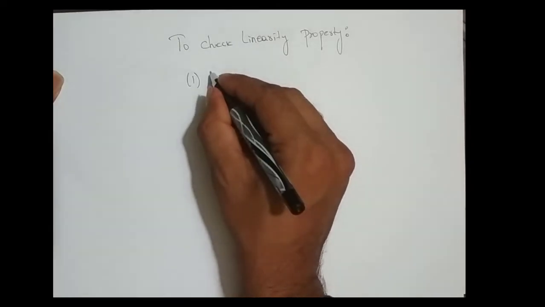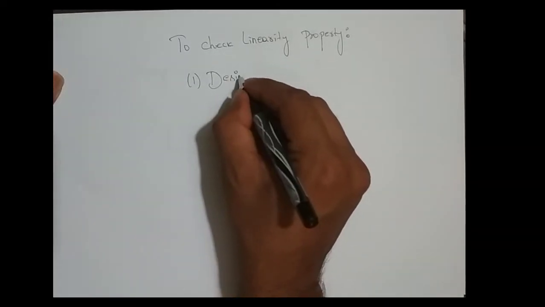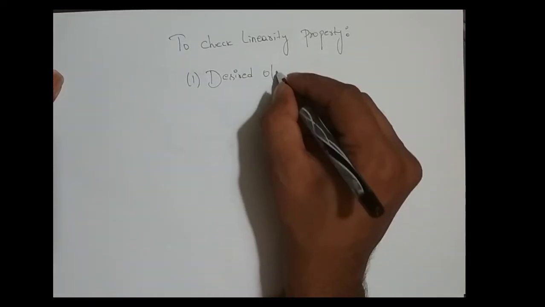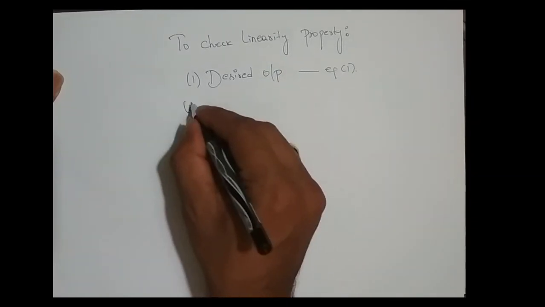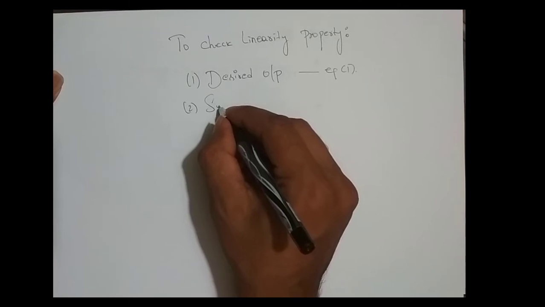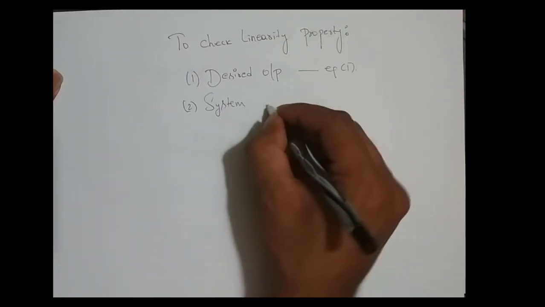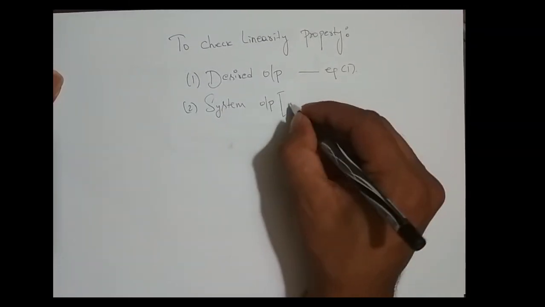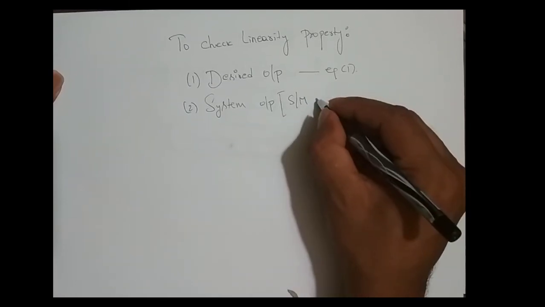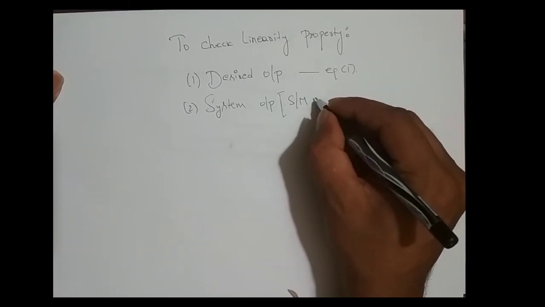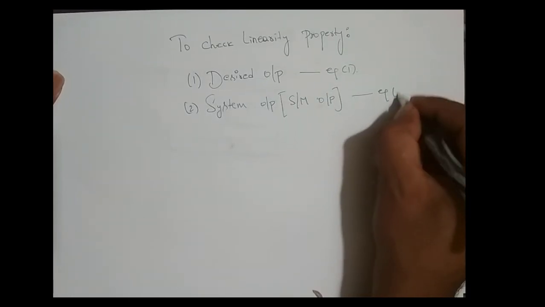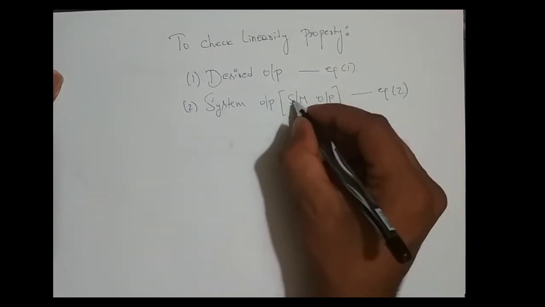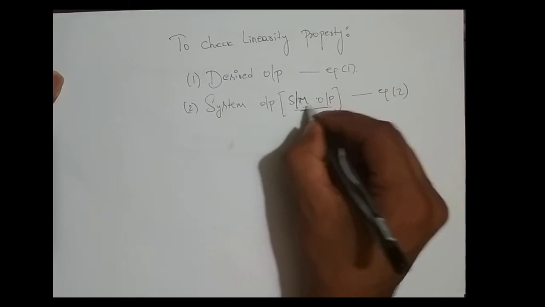First output is the desired output. We shall call it equation 1, and we need to get the system output. In short, I usually represent it like this: system output, call it equation 2. When I write s/m, it is actually a system.